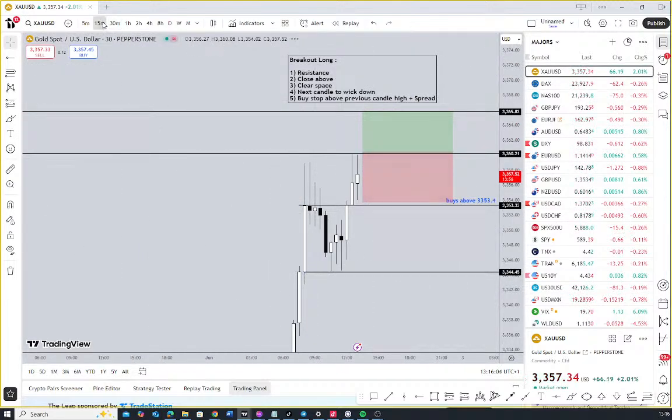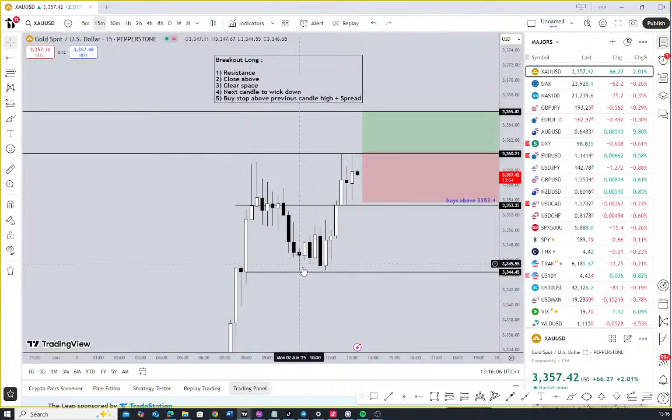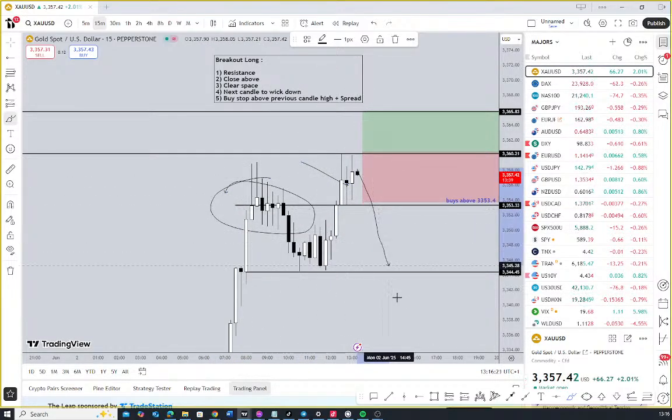Let me just drop down to the 15 to check. Yeah, now look, structure here, but we also have this little area here. The reason I'd look for sells underneath here is because you'd have a change of structure. If we've got highs here that have been rejected and then we break through, we have new highs. So if the market was to come back down and we break through this area, you've then got a new low.